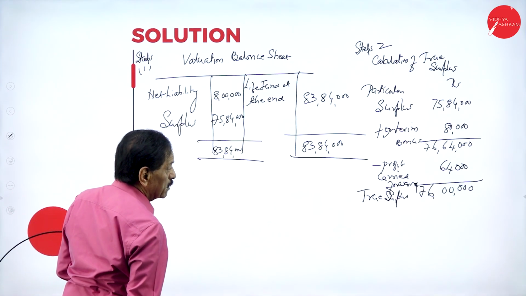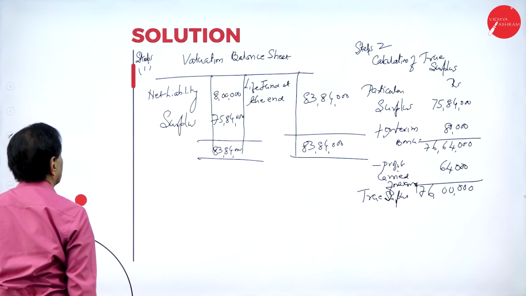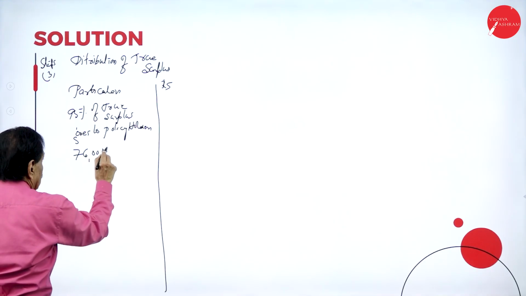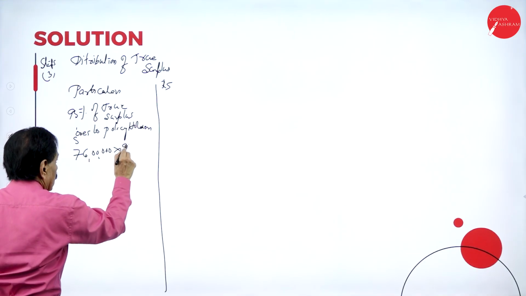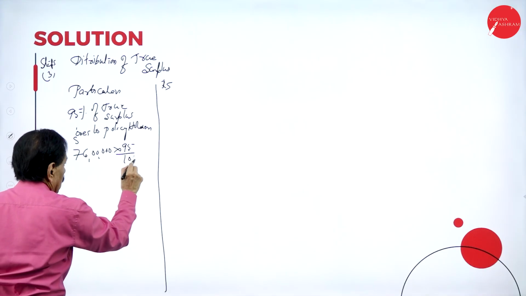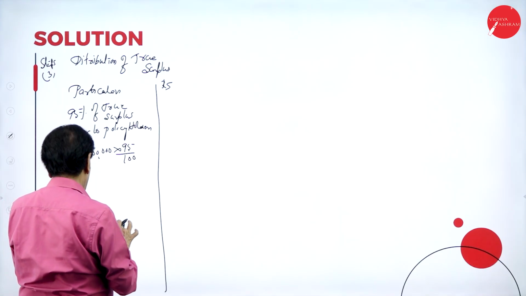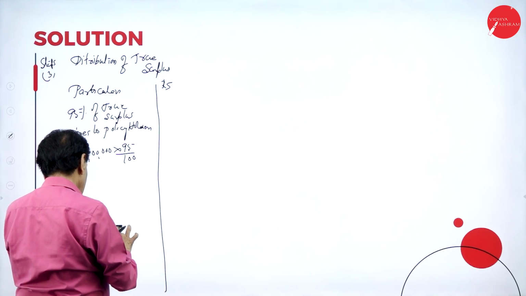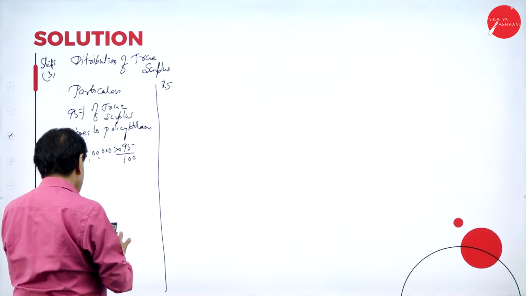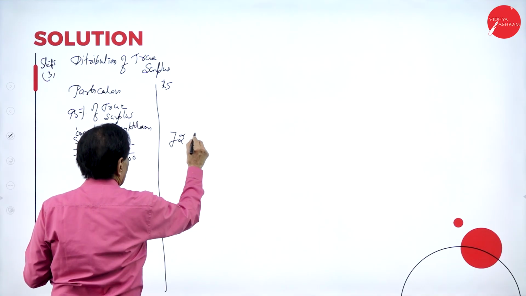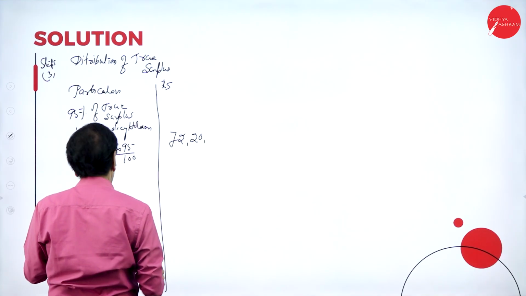What's the amount? 76 lakh, into 95 divided by 100. 72 lakh 20,000.